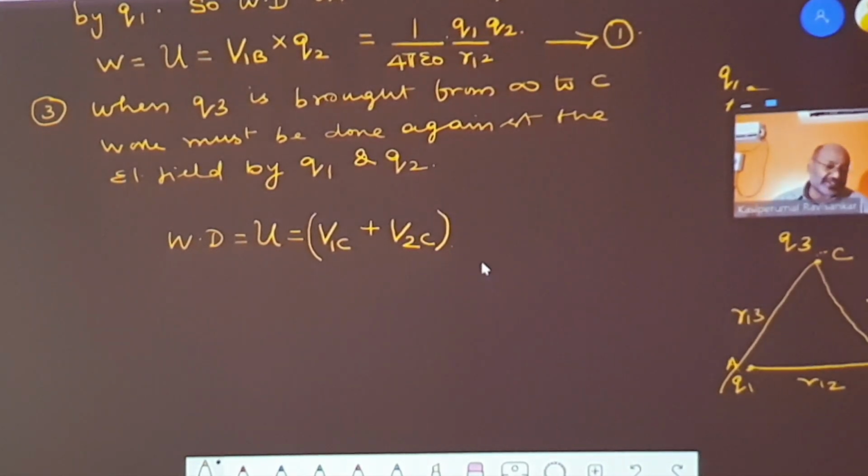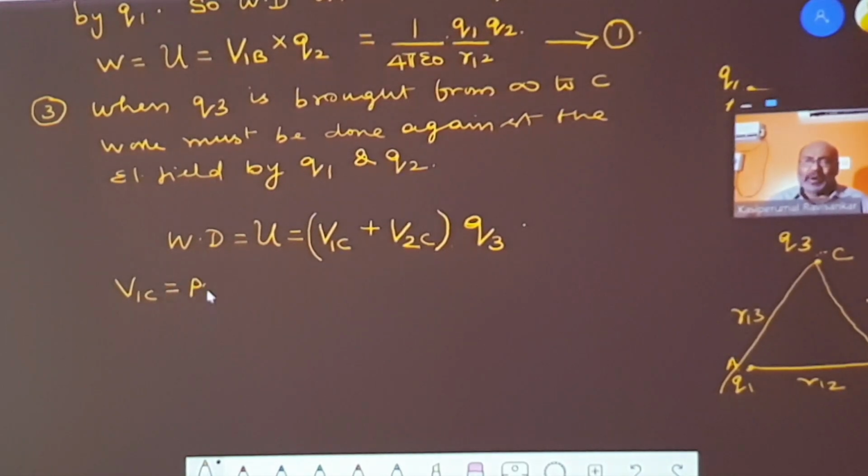Since the potential is a scalar quantity, the total potential at the point C is the algebraic sum of the two. What is the work done? Potential multiplied with the charge moved gives you the potential energy. What is V1C?